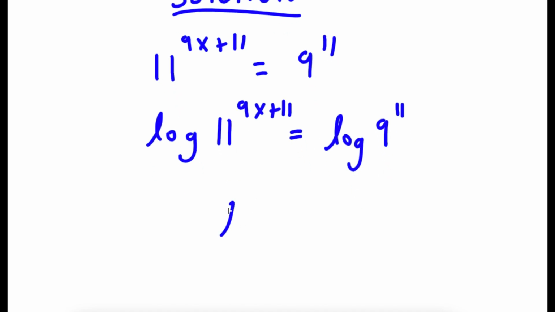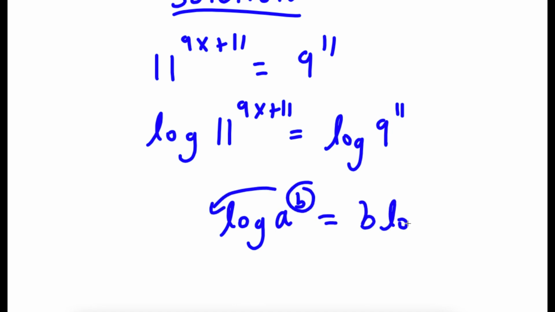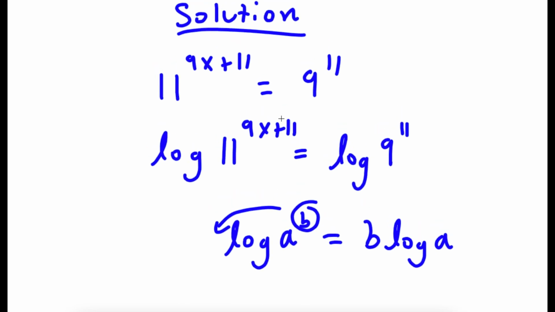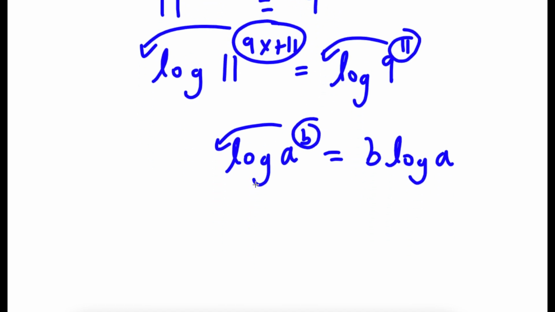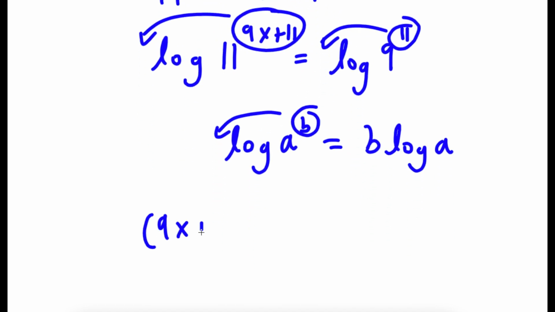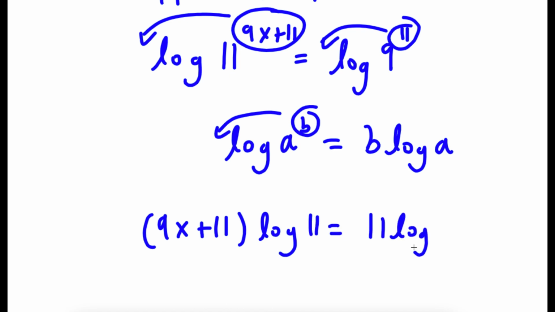If I have something in the form log a to the power of b, I can move this exponent b to the front. So this is equal to b times log a. So I can move 9x plus 11 to the front, and I can move 11 to the front. So now I have 9x plus 11 times log 11 is equal to 11 times log 9.